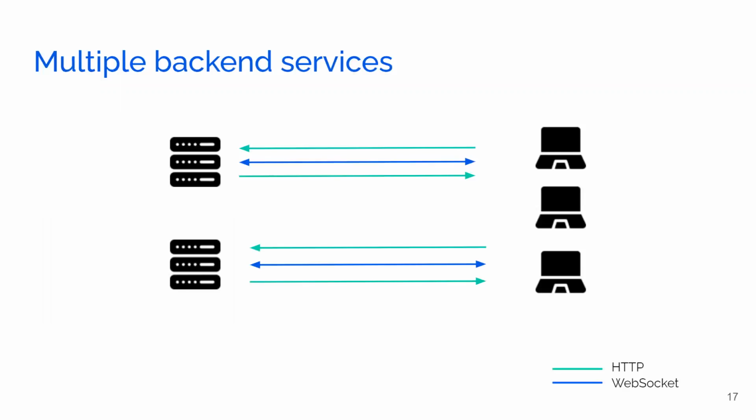Now, if you want to add real-time functionality, does it mean that each backend service must manage both HTTP and WebSocket connections? This will look something like this, or probably more like this, since each backend service needs to maintain an open connection with each client.